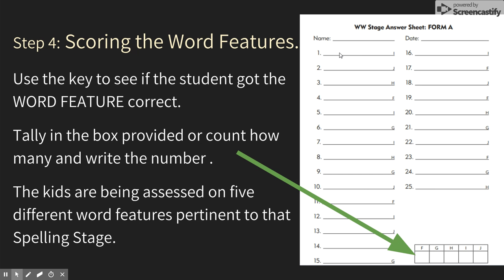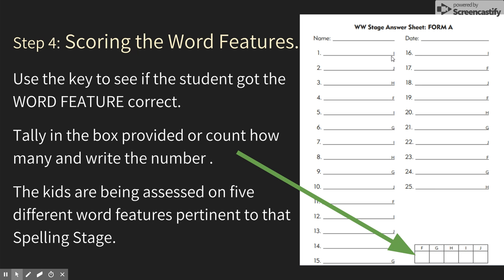As long as they have TCH in that correct order, they could get a point for feature I. The next word on the list is couch. It's checking to see if they have the OU. If they spelled couch and used OU, you could circle the J as well.